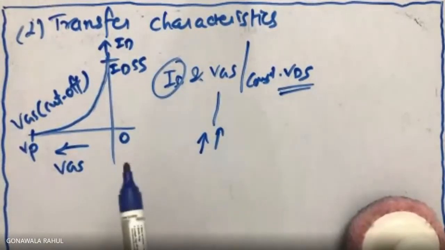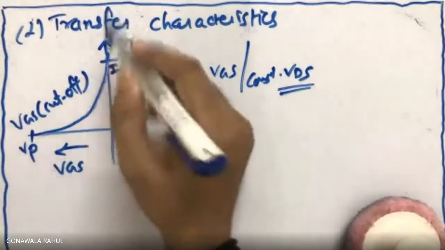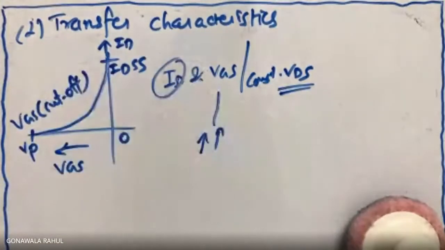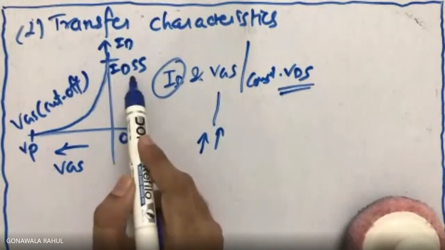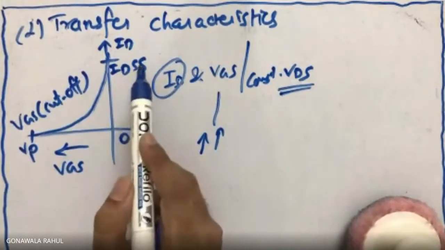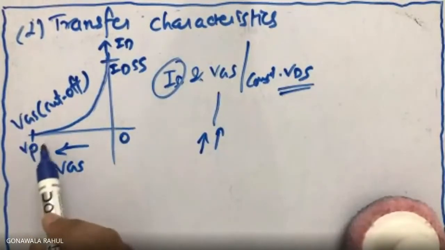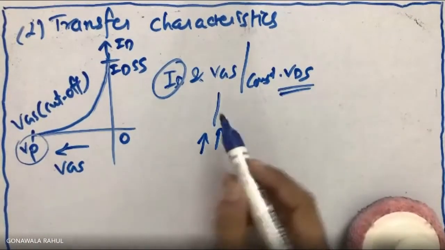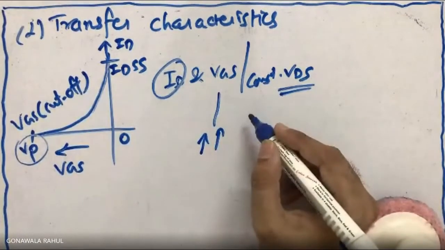If we plot a graph with VGS along the horizontal axis and ID along the vertical axis, we get this curve, known as the transfer characteristics. The upper end of the curve has IDSS, the maximum drain current, and the lower end is indicated by VGS off, also known as VP. Clear? This is for N channel. For an N channel JFET, the majority carrier is the electron.